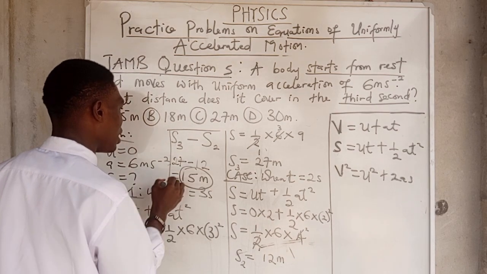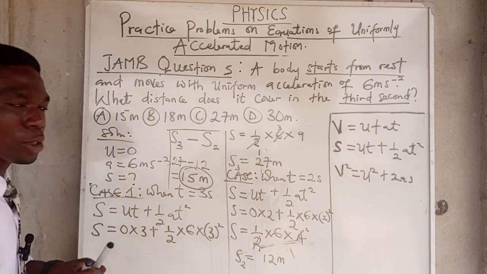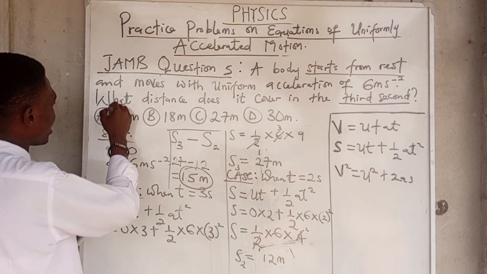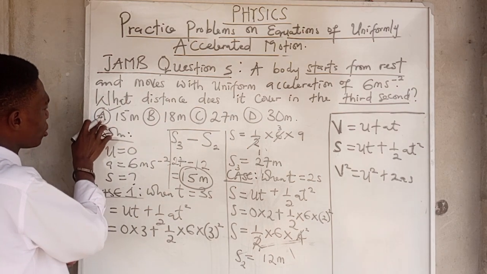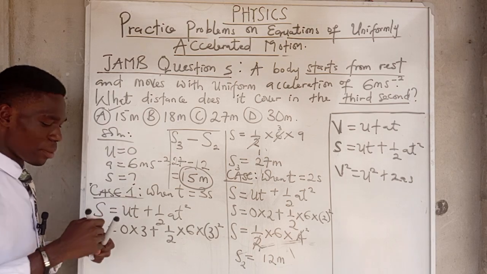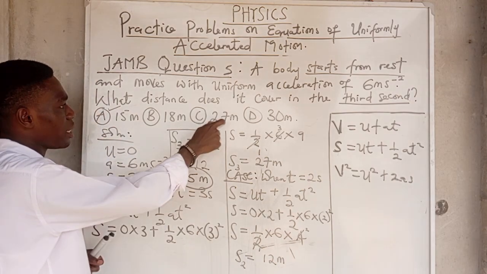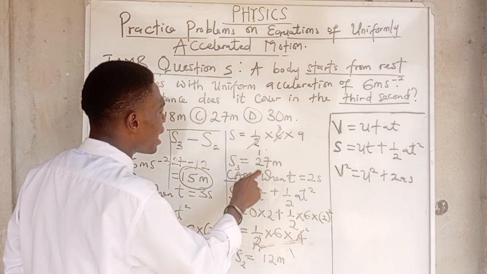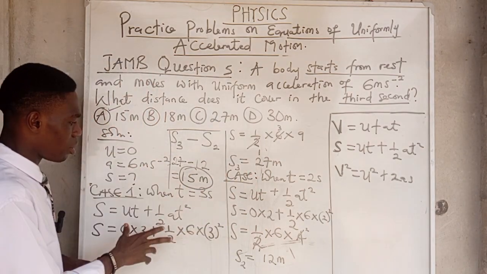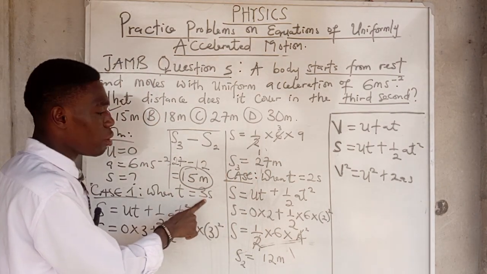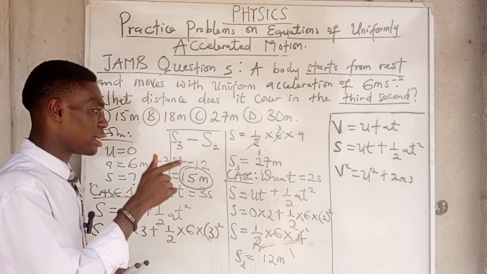So this is our answer, and let's check which option has it. 15 meter is our answer, and option A gives us the correct answer. So some students might be thinking the answer will be 27 meter because they will just dive right into the calculation by using time 3 seconds. Are we following now? No, that's not the right thing to do.